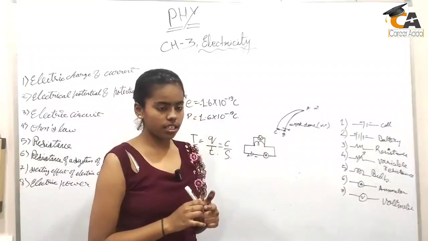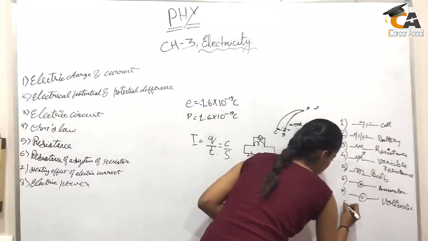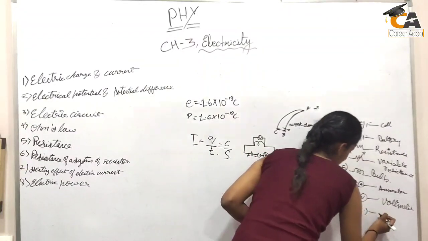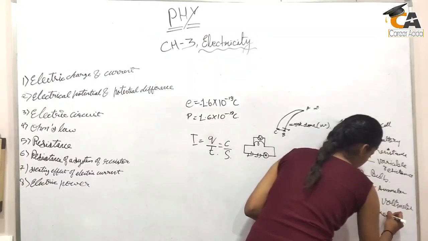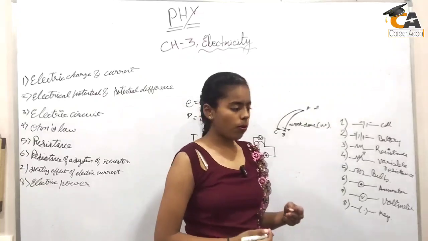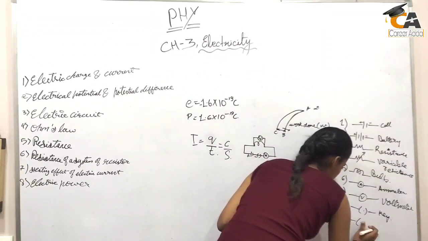This is a closed circuit. This is a key. If the key is closed, then the current flows, and if the key is open, current is not able to flow.